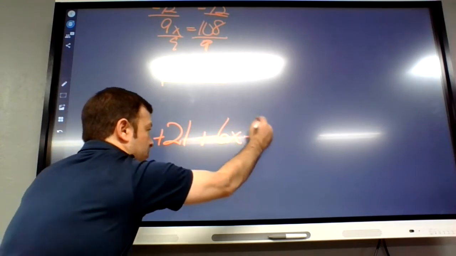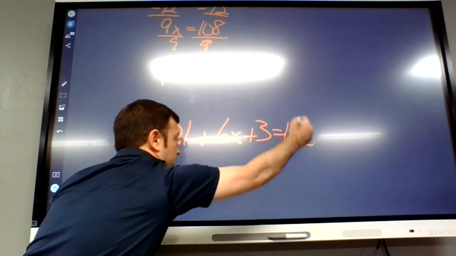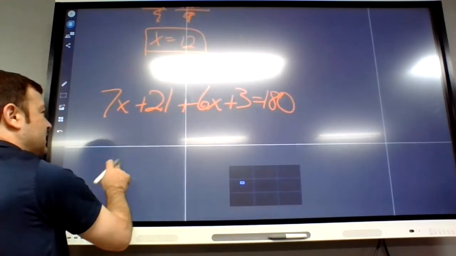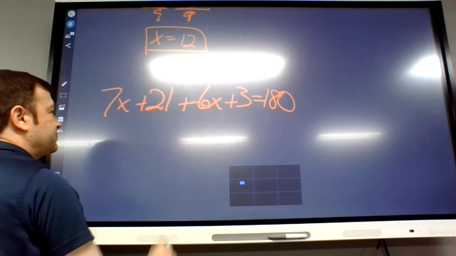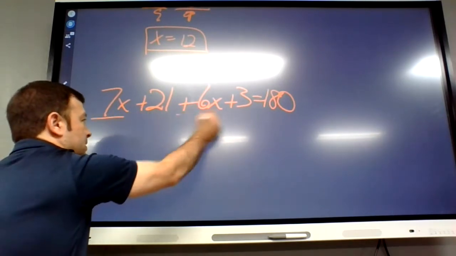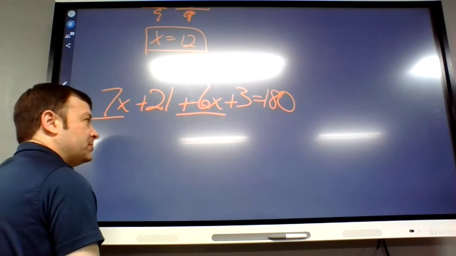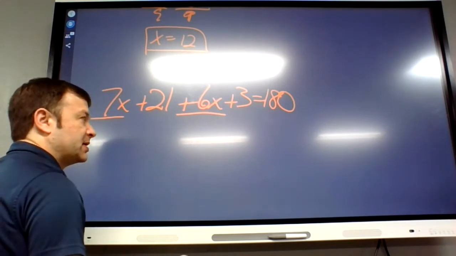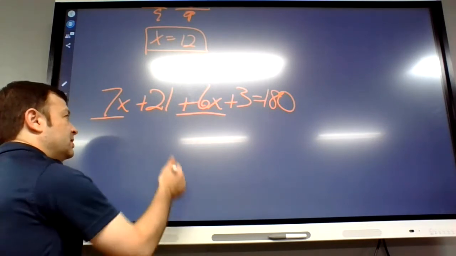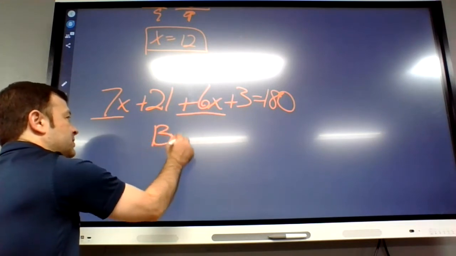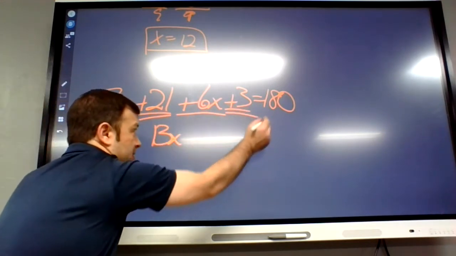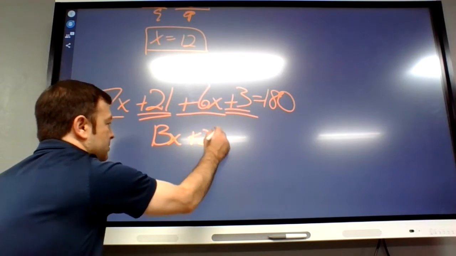Let's see if I can do the whole problem without getting up. I'd be a little lazy. All right, so how do we do this? 7x plus 6x. They're on the same side, so you don't subtract 6x. You just put them together. So it's 13x. 13x plus 24 equals 180.